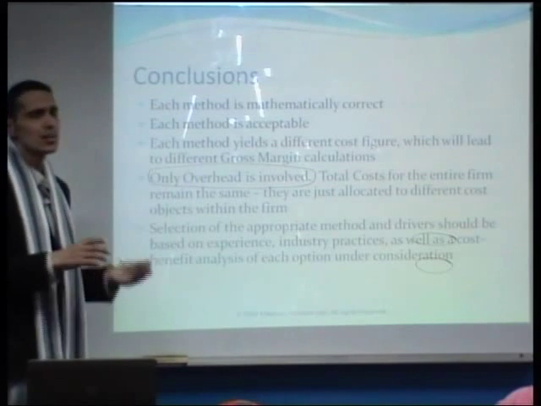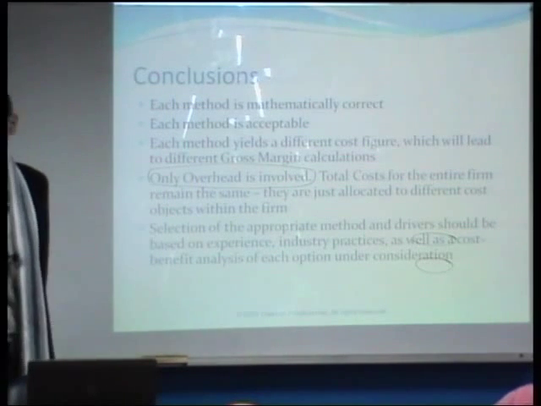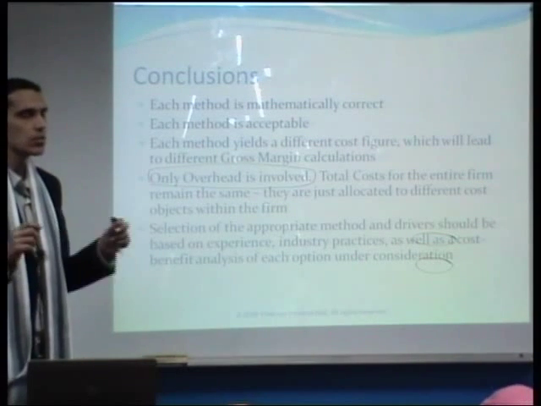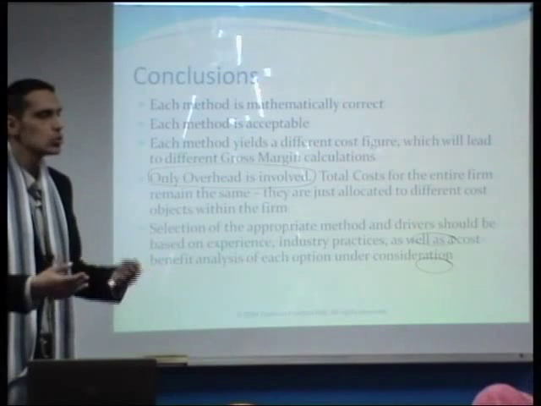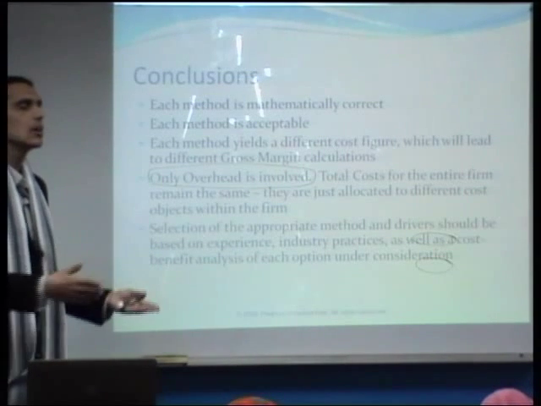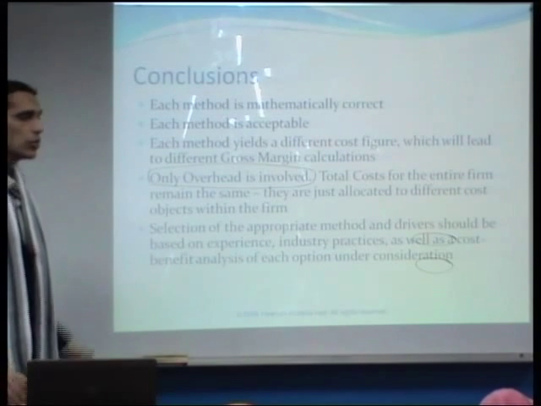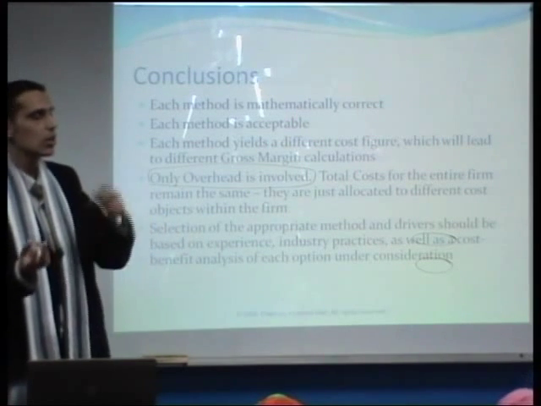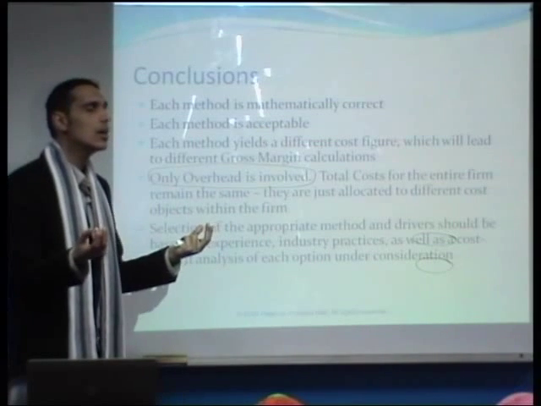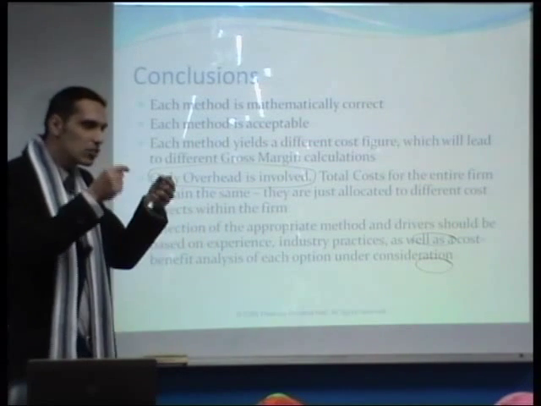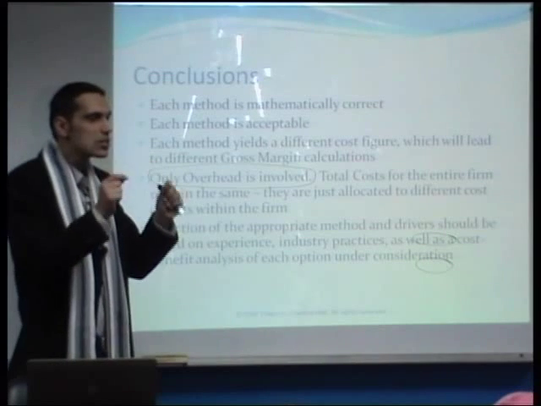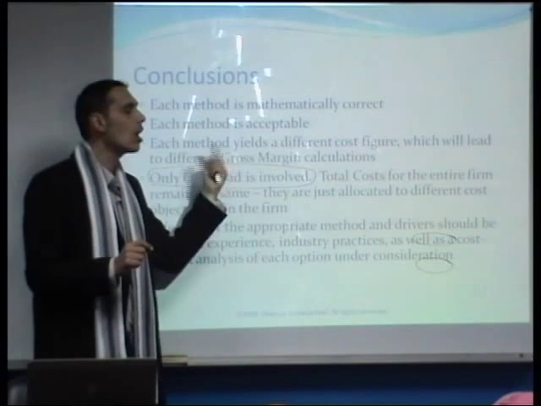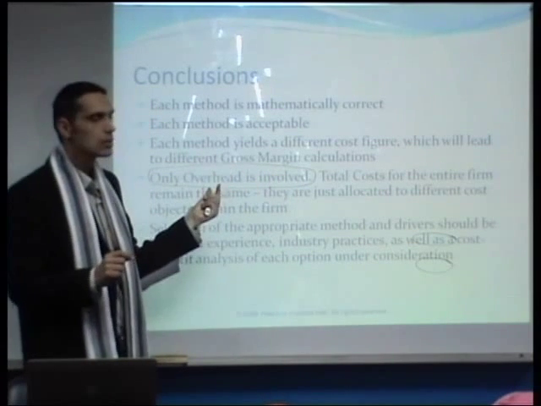Because the problem lies within the allocation process. The problem of inaccuracy, as we said, lies within the method that we use in order to allocate the different indirect cost pools. Therefore, the refinement of the simple costing and the use of activity-based costing only focused upon and only involved the overhead.